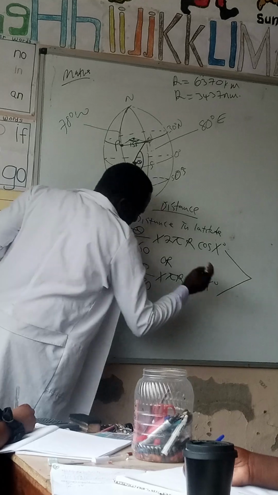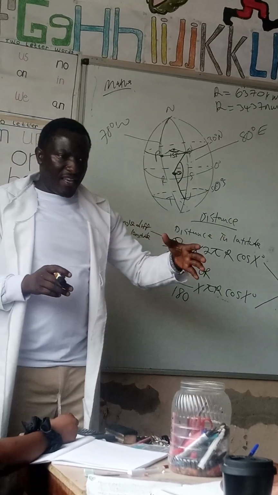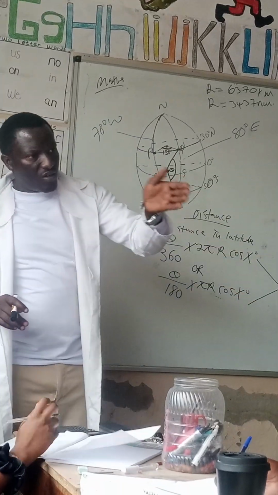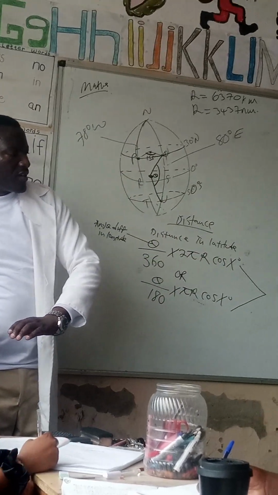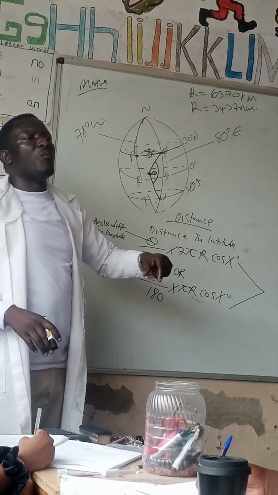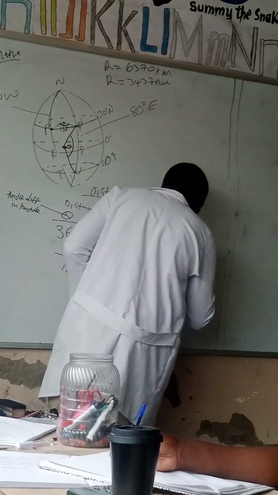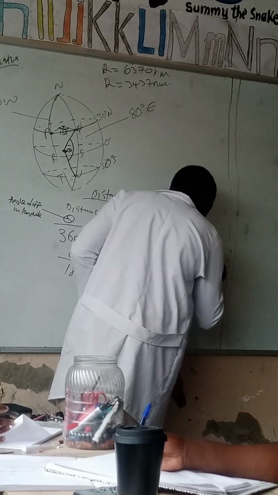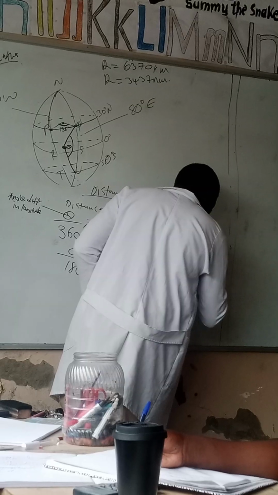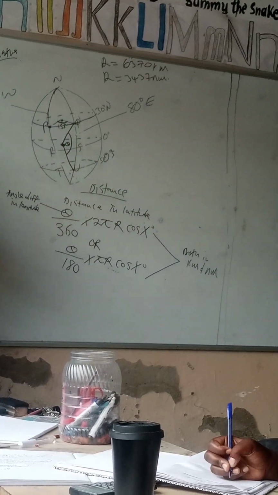Distance can be in kilometers or nautical miles. These two formulas are used for both kilometers and nautical miles.